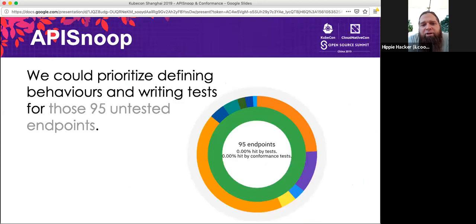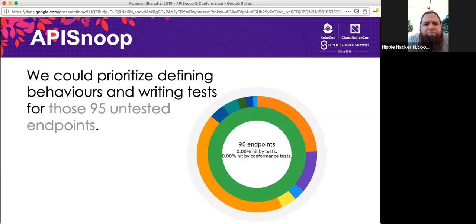If we look at the results, we can see that there are 95 endpoints being hit. So if we were to look into the patterns of behavior of those things hitting those endpoints, we would know which applications they were that are part of core Kubernetes. They're part of the SIG release blocking job, so we could pick some low-hanging fruit and write some decent tests to cover those things.